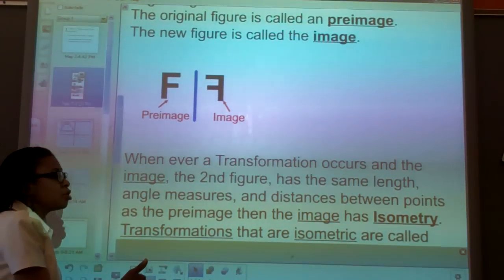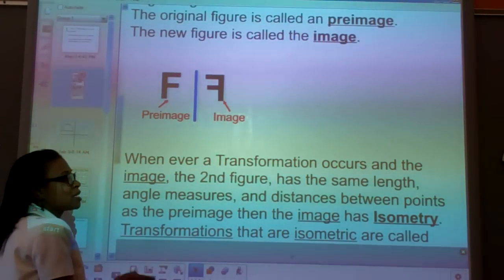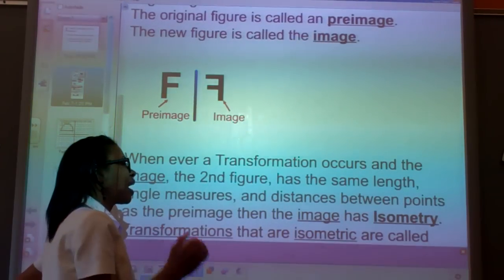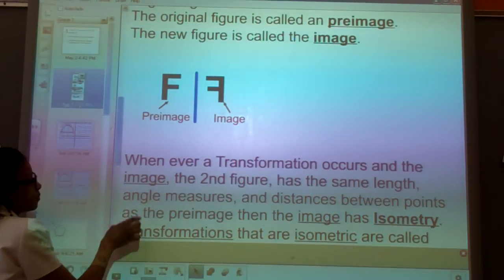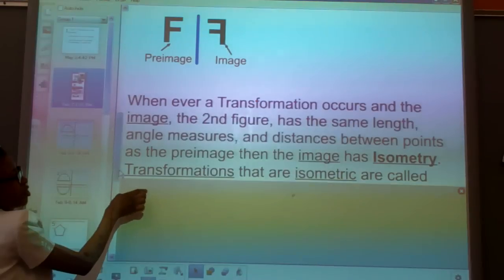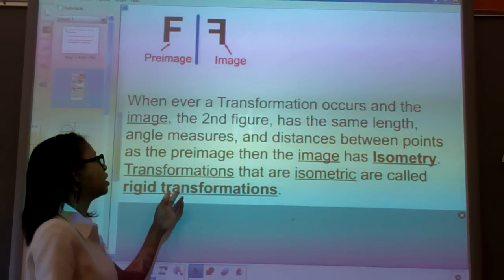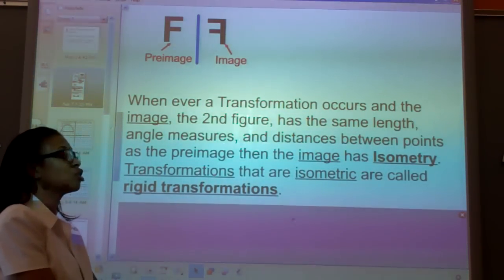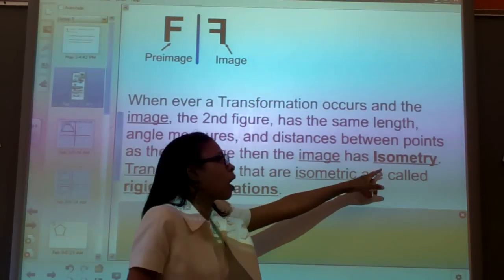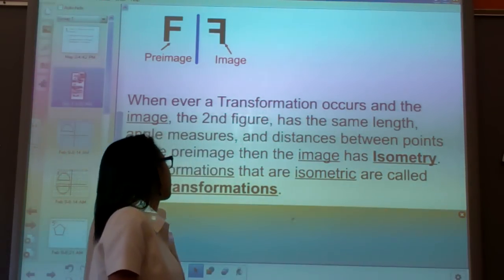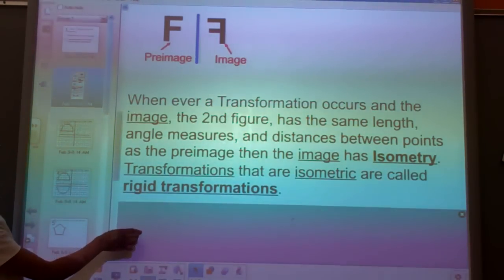Okay? When the image and the pre-image are exactly the same size, same measure, everything exactly the same, it has isometry. Transformations that are isometric are called rigid transformations.